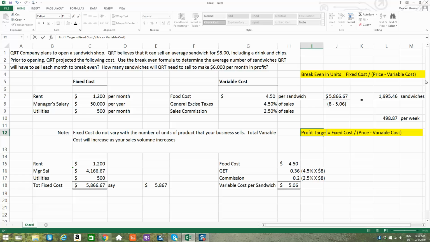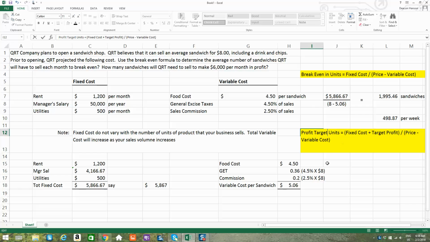Okay, so I'll say target profit. Why don't we go a little smaller so you can see? Okay, so this is the one we're working on now.